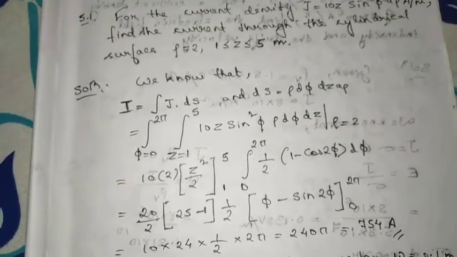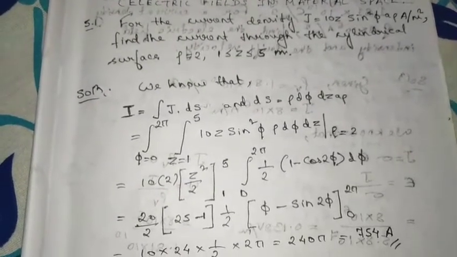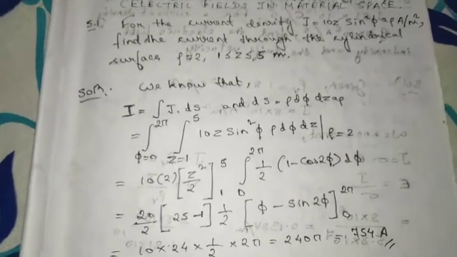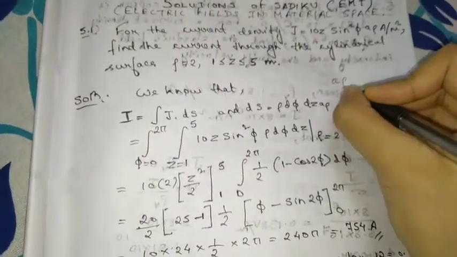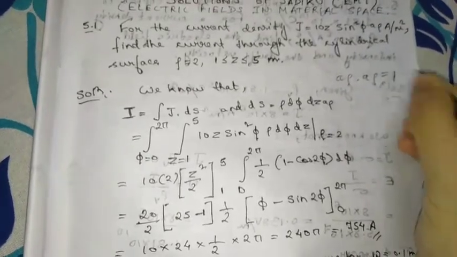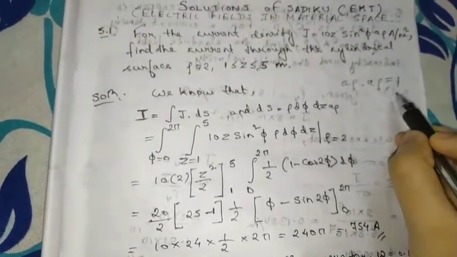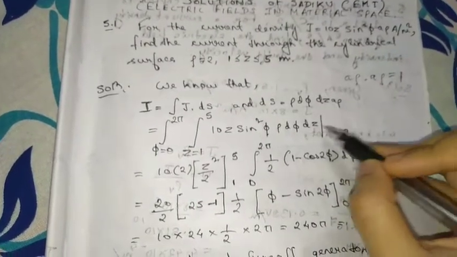So we integrate phi from 0 to 2 pi and z from 1 to 5, the ds part will be rho d phi dz a rho, and J is given as 10 z sine square phi. And we know that a rho dot a rho is equal to 1, so a rho will be removed in the next step.